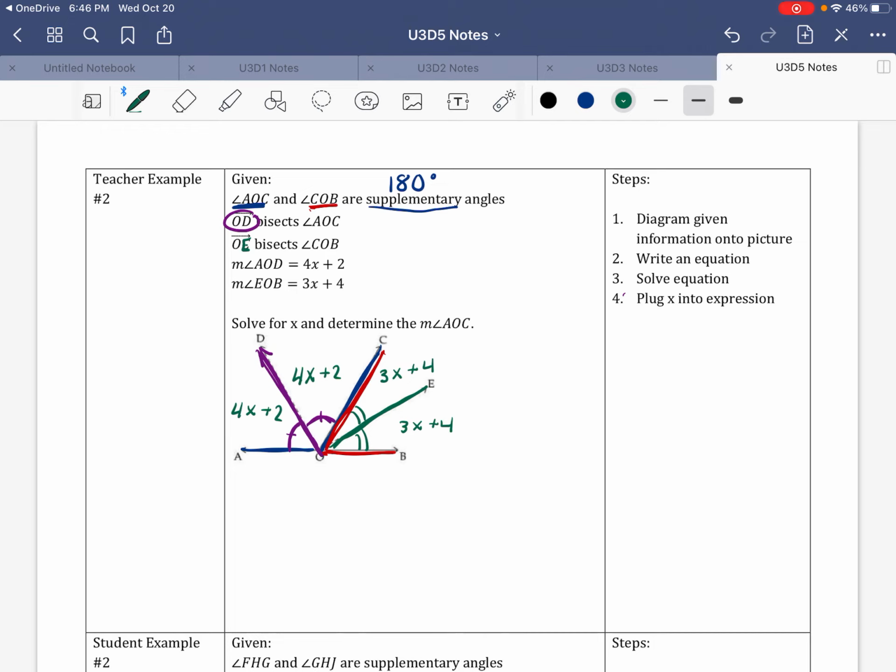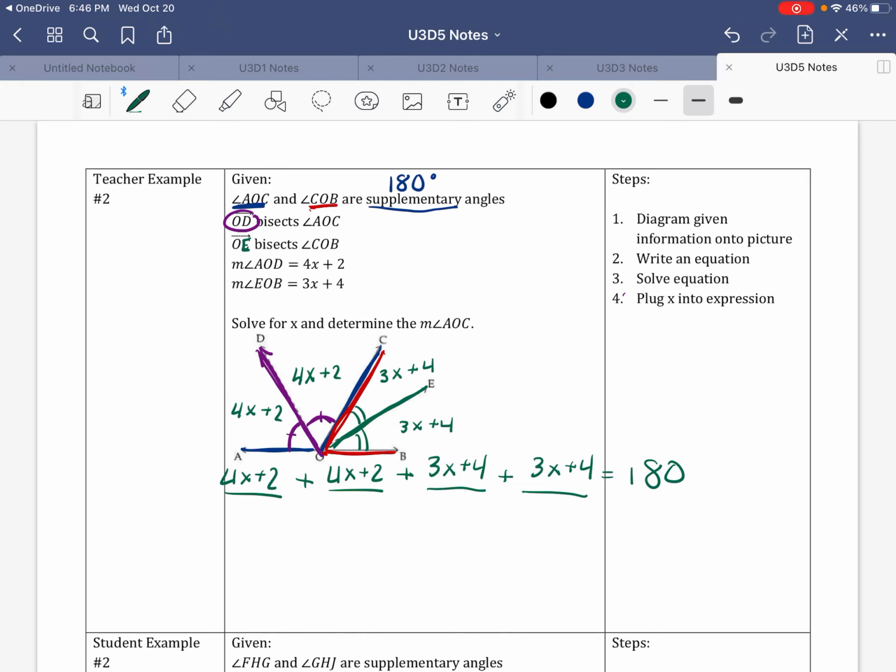And we were told from the very beginning that these two larger angles, AOC and COB, are supplementary, or equal to 180, which means all of these individual angles are going to add up to 180 degrees. So I'm going to plug in 4x plus 2 plus 4x plus 2 plus 3x plus 4 plus 3x plus 4. And now I'm just combining all of my like terms.